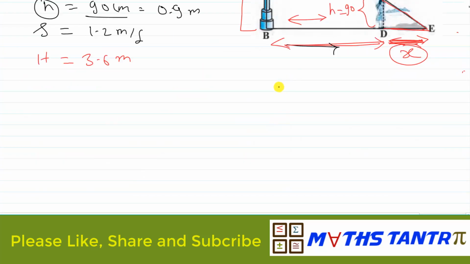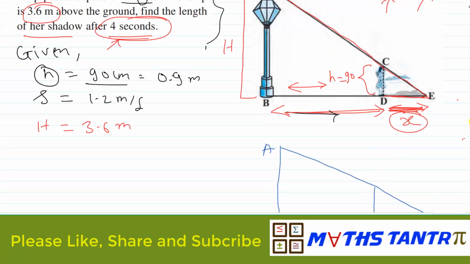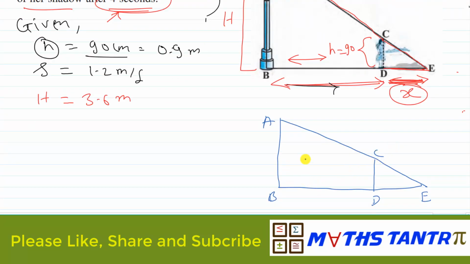let's draw the triangle to understand it mathematically. So this triangle is there, A, B, D, E, C. For the sake of simplicity, this triangle we have drawn.